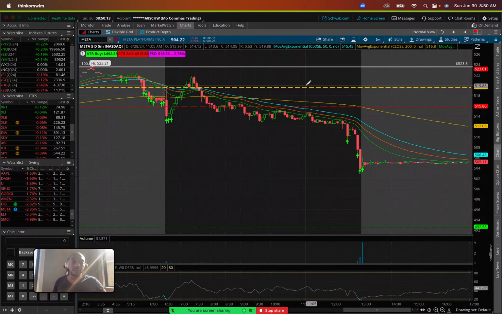Where did it close? If we're trading above where the stock closed the day before, there's more chance it's going to keep going up. If we're trading below where we closed the day before, there's a better chance the stock is going to go down. So even though we had a point of exhaustion here that looked good, I likely wouldn't have taken this day trade because we were below this level. Now, if this would have happened right here, then I would have taken this to the upside.